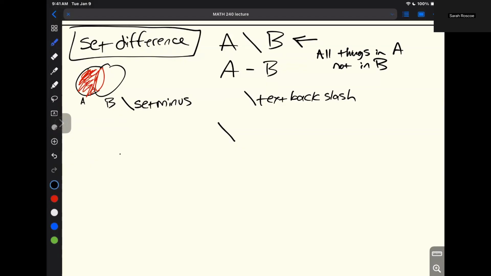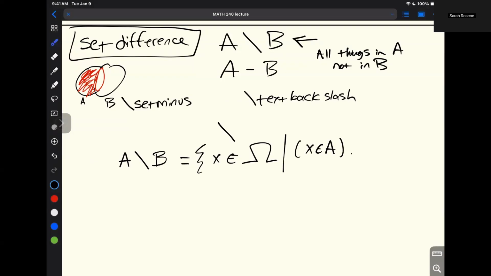And we write that in set builder notation as A set minus B is equal to everything in the universe such that X is in A and X is not in B. I think there's another way we could write it.